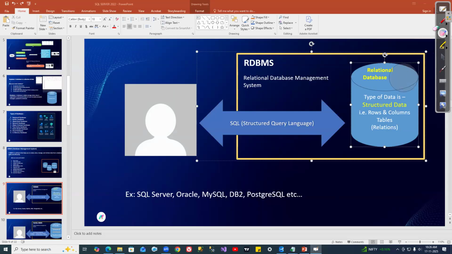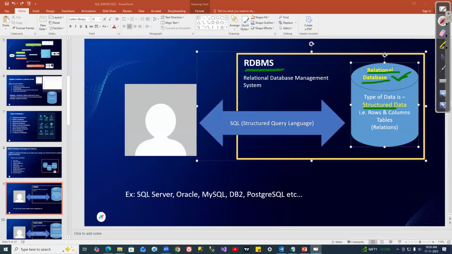Since the database management system is used to manage relational databases, it is given a name like relational database management system, RDBMS. It contains relational databases, and these databases contain relational, structured data.